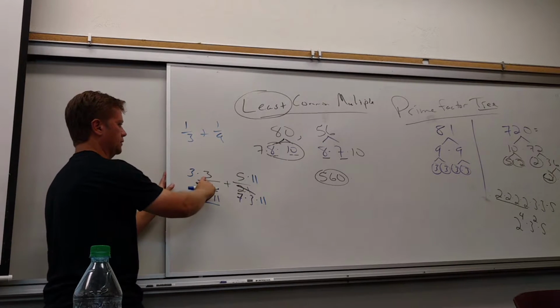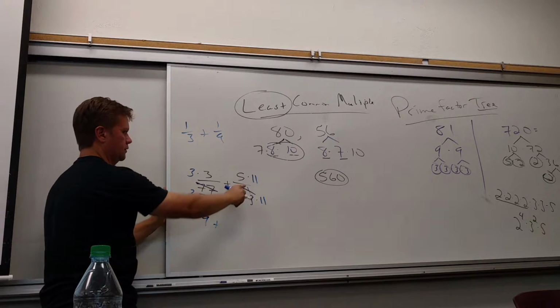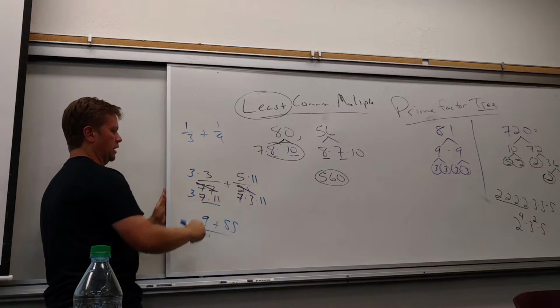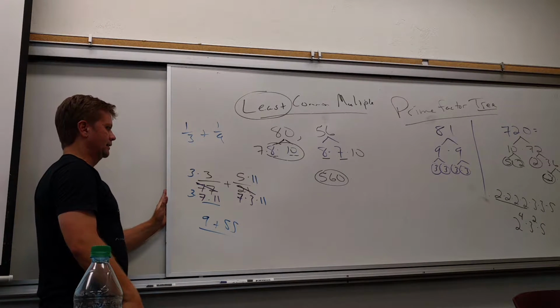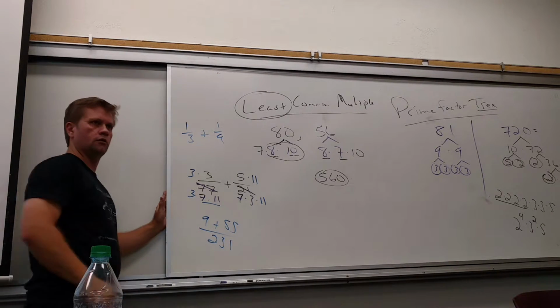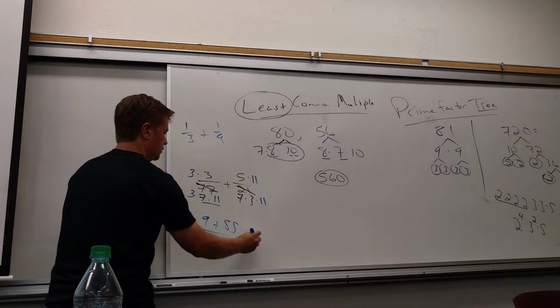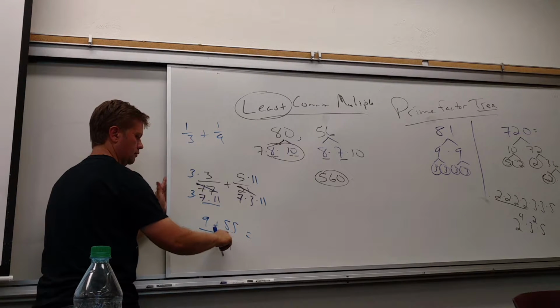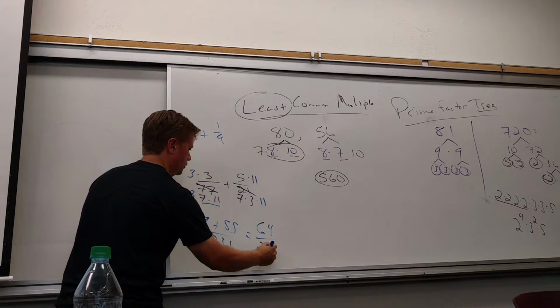So on the top I would get 9 plus 55. Now what's 3 times 7 times 11? 231. Yes, 231. So you get 64 over 231.